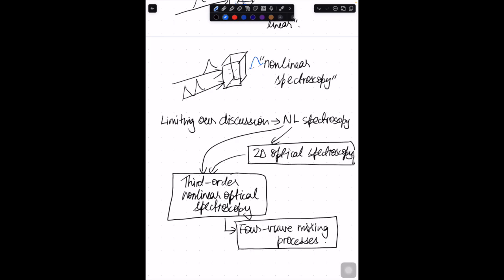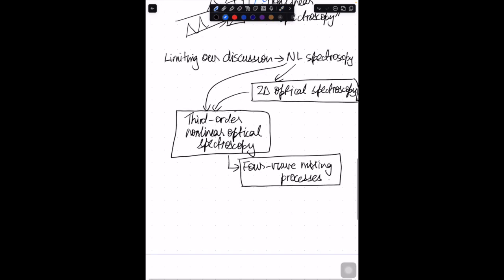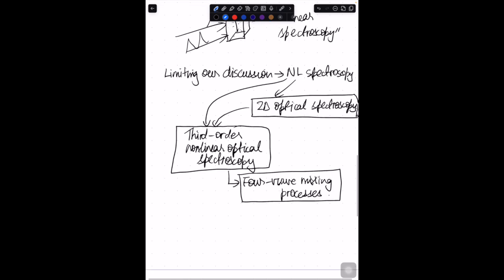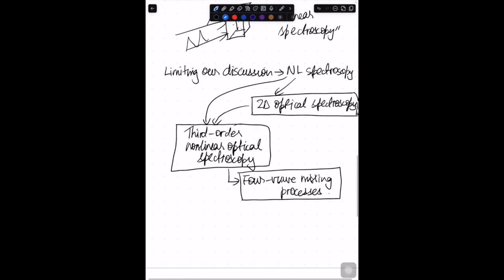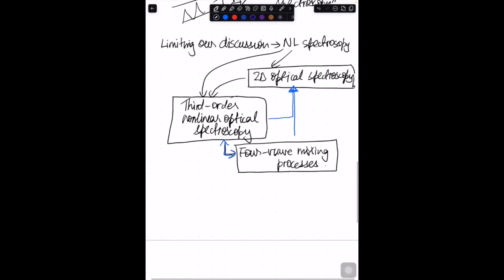This is just an illustration, again, not to be taken seriously. So this emitted light field would be considered as the fourth wave. So that's why it is known as a four-wave mixing process as well. So these two terms can be used to describe a 2D optical spectroscopic experiment. So it's a third order nonlinear spectroscopic technique as well as a four wave mixing process.